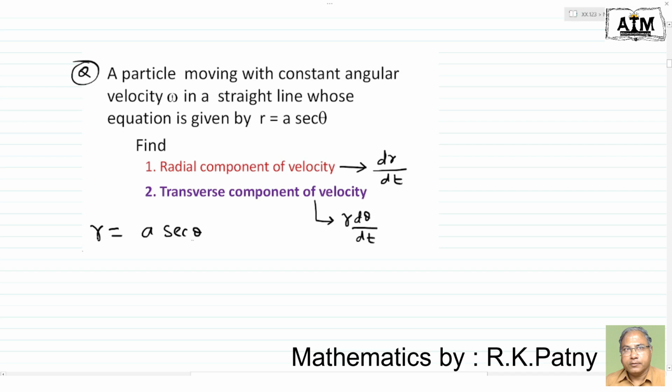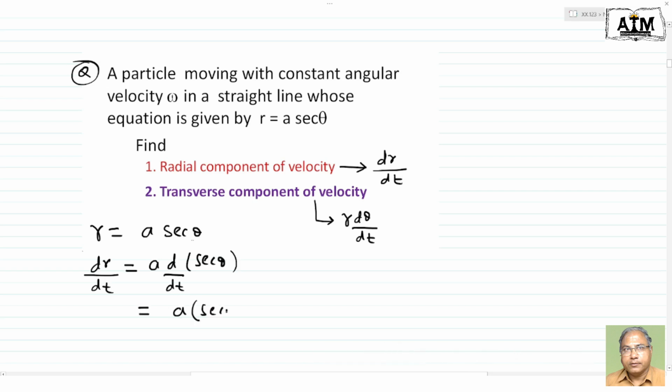Since we have r equals a sec theta, dr by dt equals a times the differentiation of sec theta with respect to t, so that equals a sec theta tan theta multiplied by d theta by dt. But d theta by dt is nothing but omega.